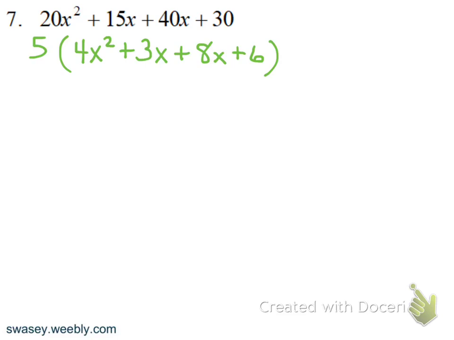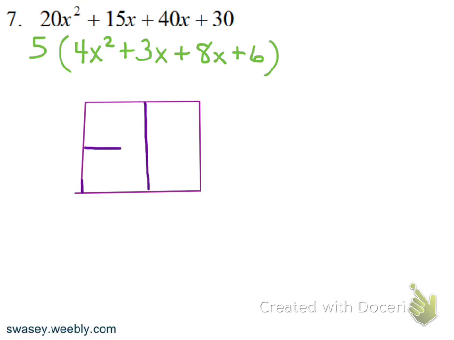Now we'll set up our box for the four terms that are in parentheses. So fill that in. We've got 4x squared plus 3x plus 8x plus 6.